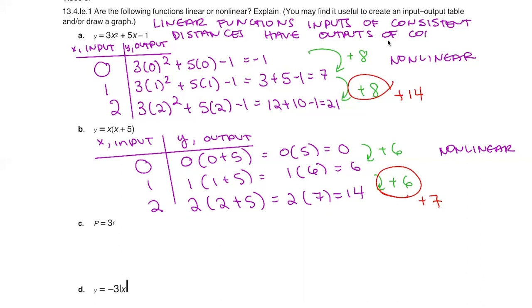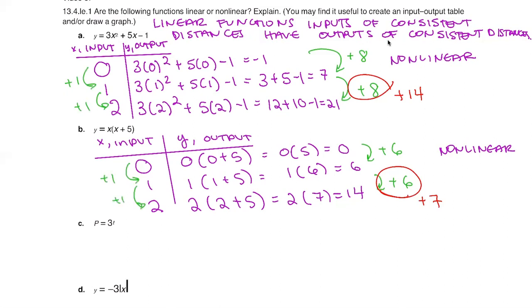I'm going to put consistent distances. Now, those jumps don't have to be the same for both input and output. Notice on my inputs, I'm just going by 1, but my outputs or potential outputs weren't going by 1.